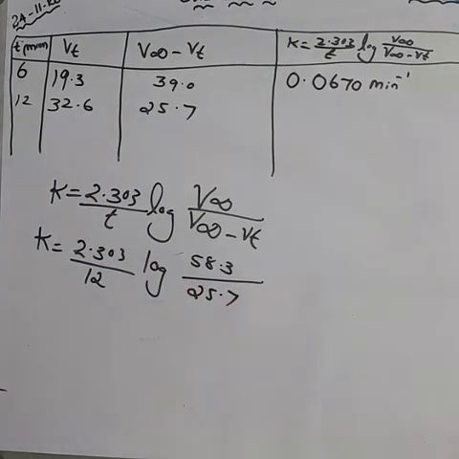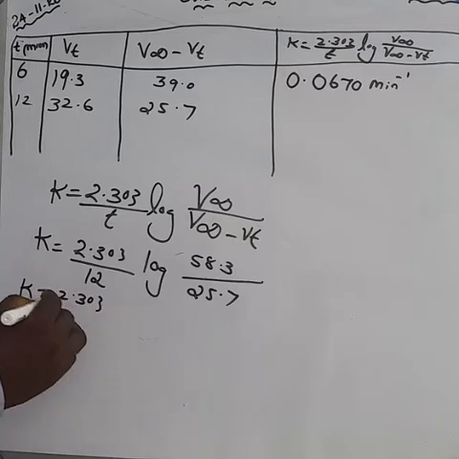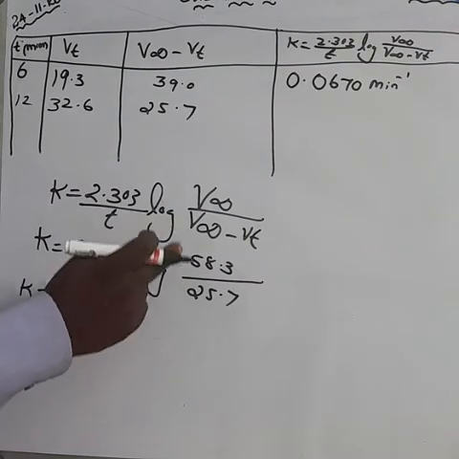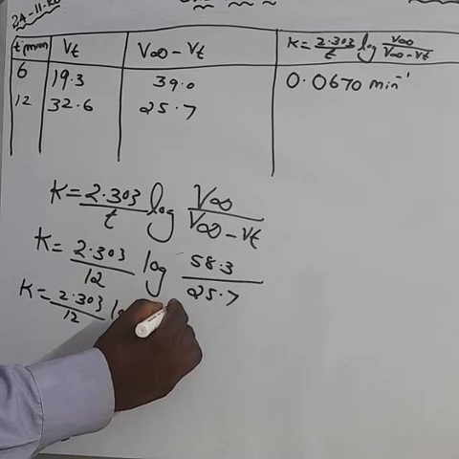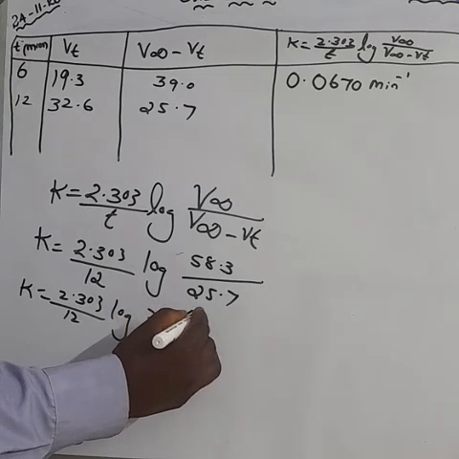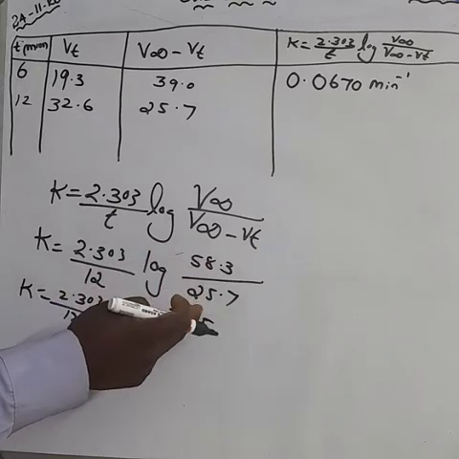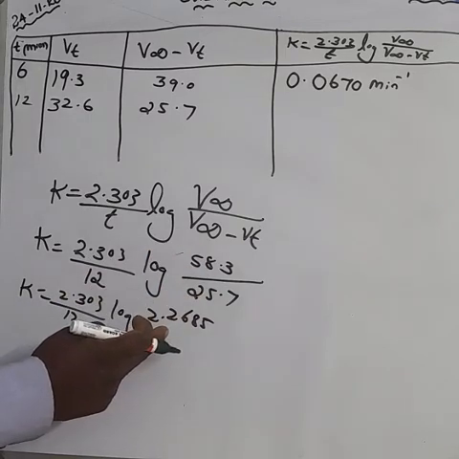So first we should divide this value. K is equal to 2.303 divided by 12 log. When we divide 58.3 divided by 25.7, we get 2.2685.